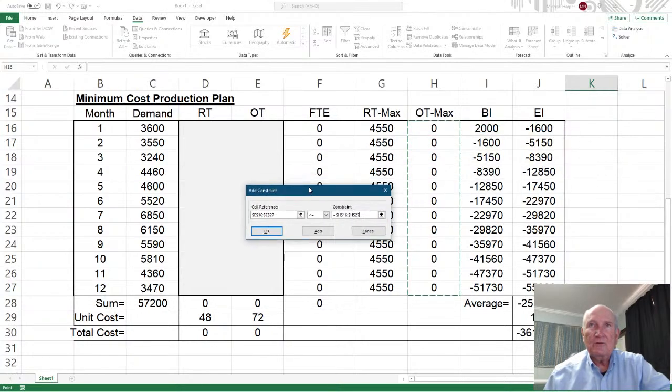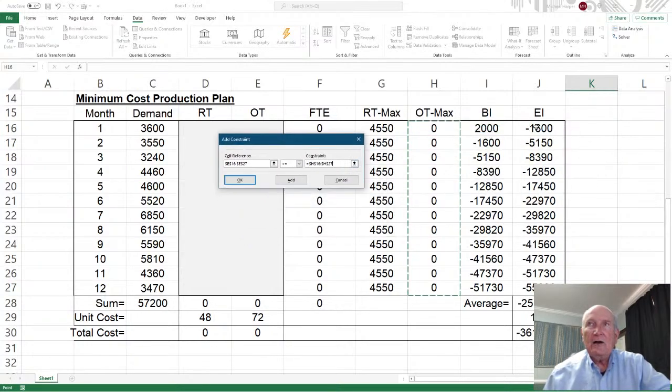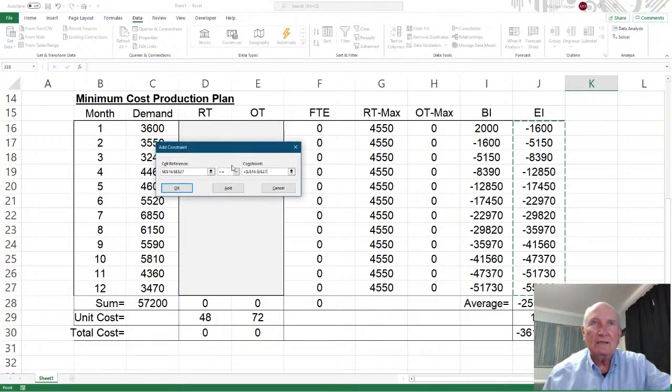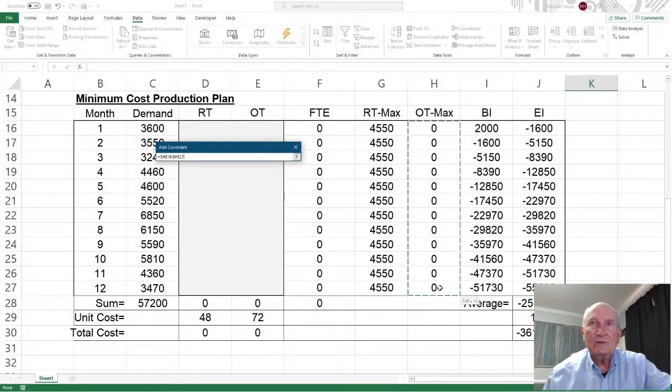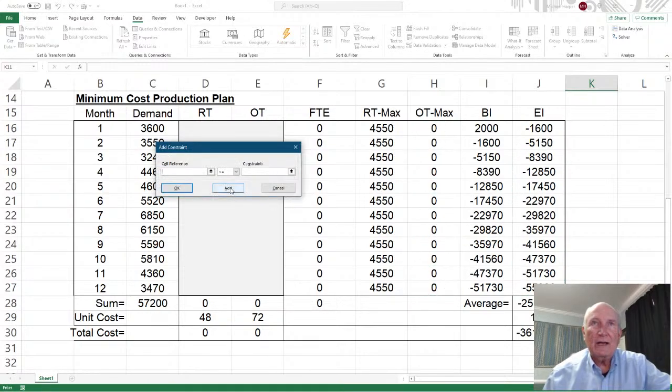Okay, come over here. And now our ending inventory is greater, whoops, I forgot to say add. This is going to be E is less than our overtime. Okay, real time, made a mistake. Now I'll add, we'll go back and check these to make sure they're right.